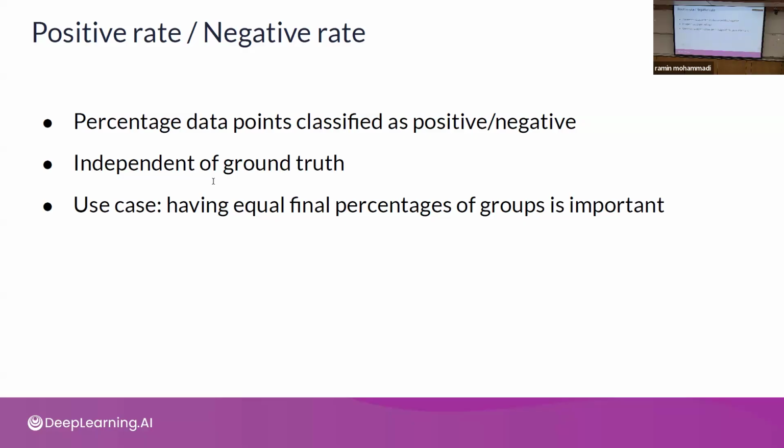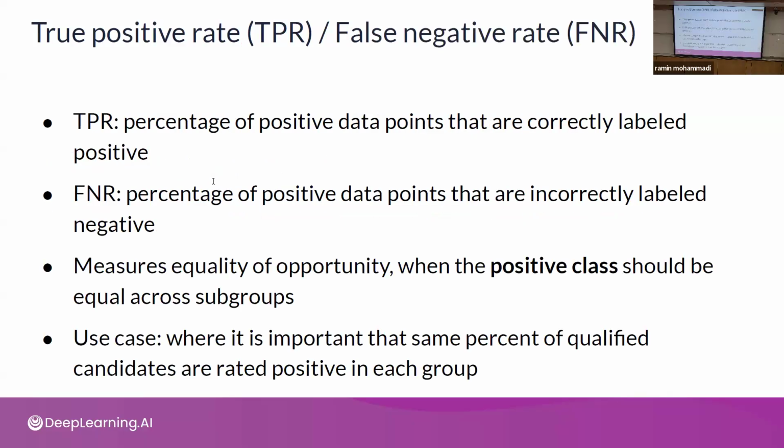Not exactly equal, but within a certain standard deviation of each other. Then you can look at the true positive rate and false negative rate. This is for a scenario where you care more about true positive rate, meaning you want to be sure that every group, every cohort that you're looking at, gets the same admission rate. That becomes where the true positive rate is important.